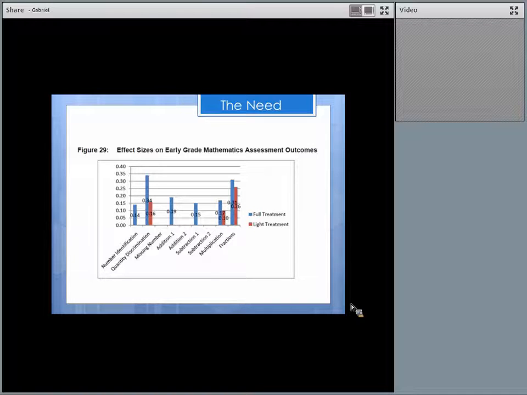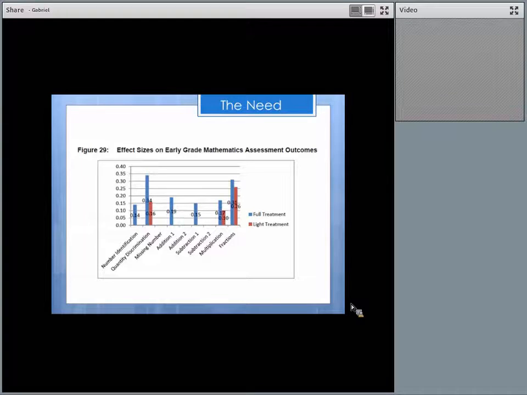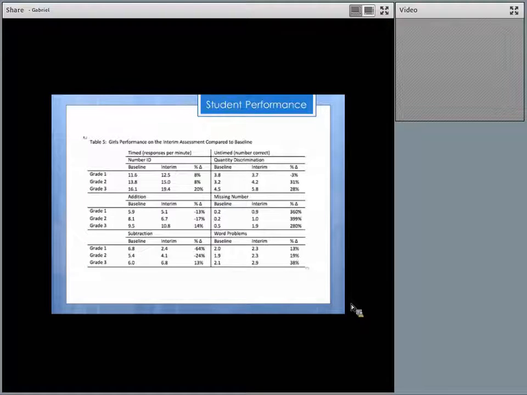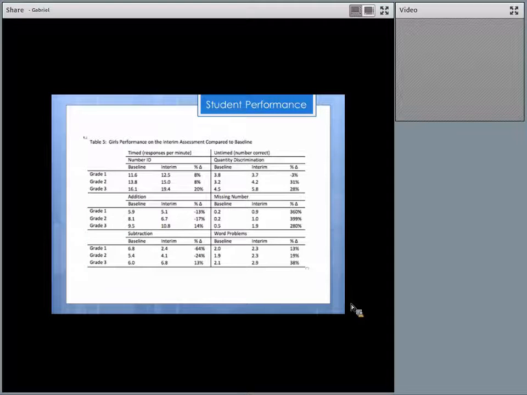There is some sobering evidence, though, in the process of providing interim reports. What you see are girls' performance in grade 3 at baseline and interim on a number of those same measures in the early grade math assessment. And you'll notice that the delta on these is somewhat underwhelming. In some cases, student performance was decreasing rather than increasing.